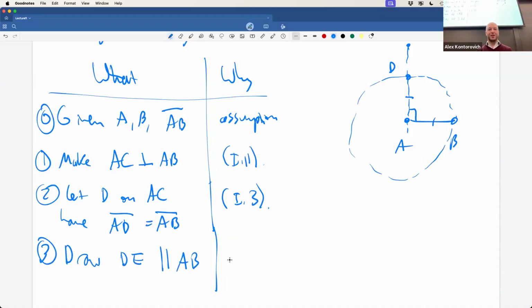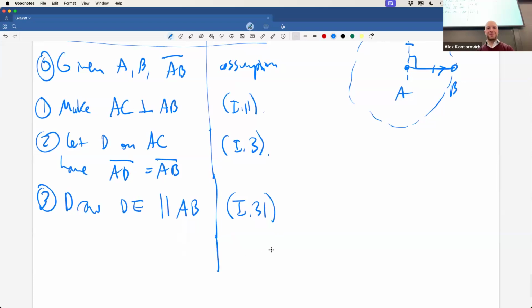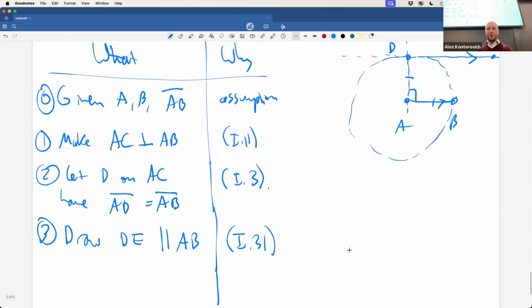So let's call this point E, and line DE is parallel to line AB. Everybody with me so far?